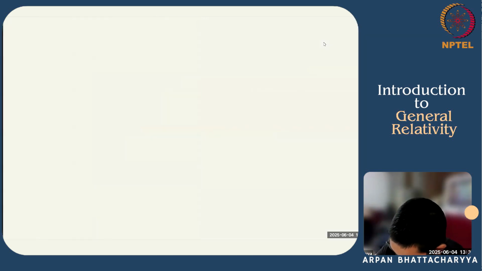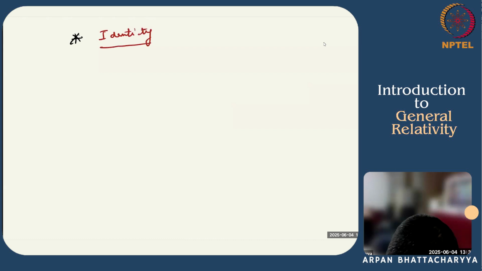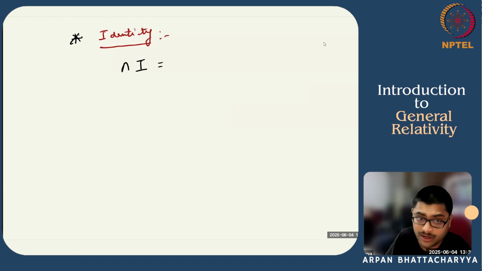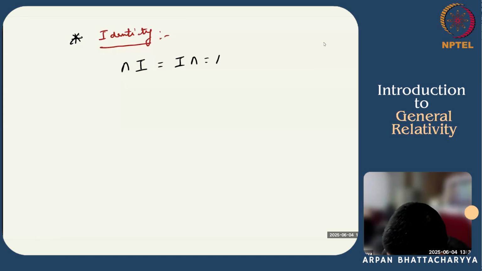And the last one, we check that identity exists. So identity under multiplication, that means lambda times the identity matrix, which we denoted by I, and we have to show that I is also a Lorentz transformation, and that is trivial because I transpose eta I is eta.